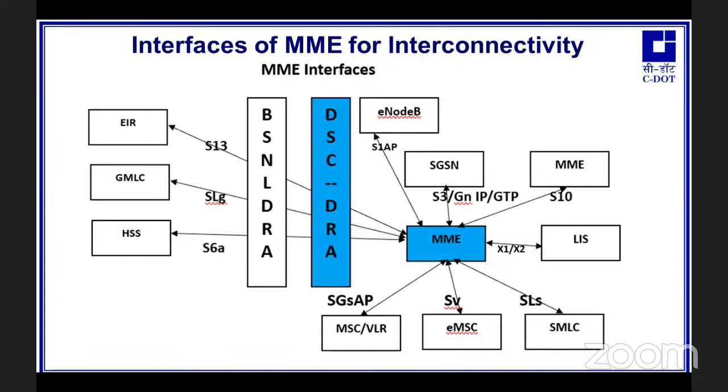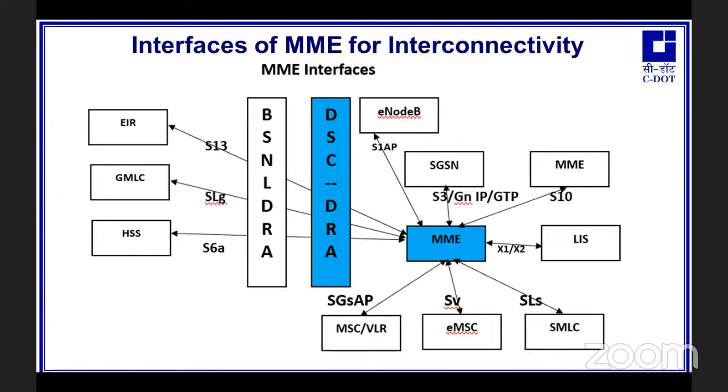It can be used for handover related things. Going clockwise, then the LIS server, the same X1 and X2 interfaces which I talked about while covering the HSS. X1 is for provisioning, X2 is for the IRI, going through MME to the LIS server for the target that has been activated in MME.